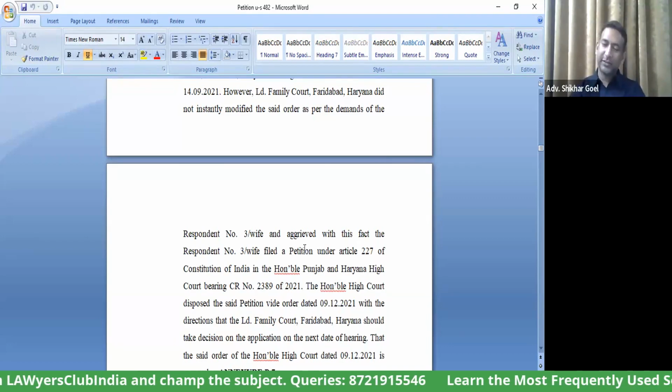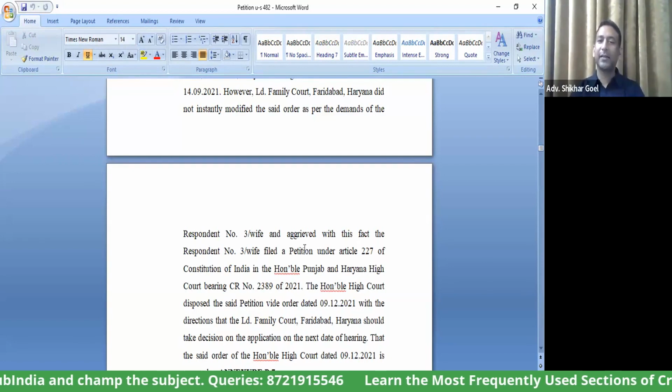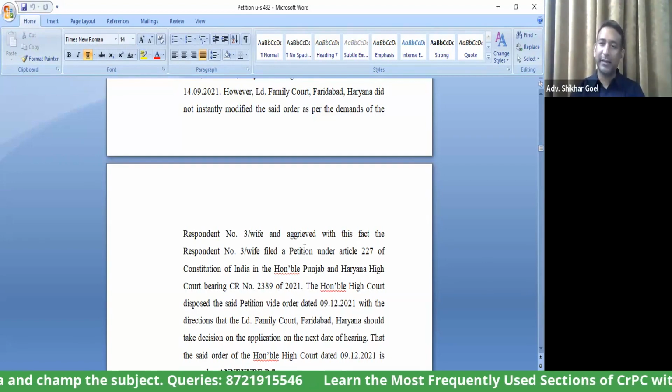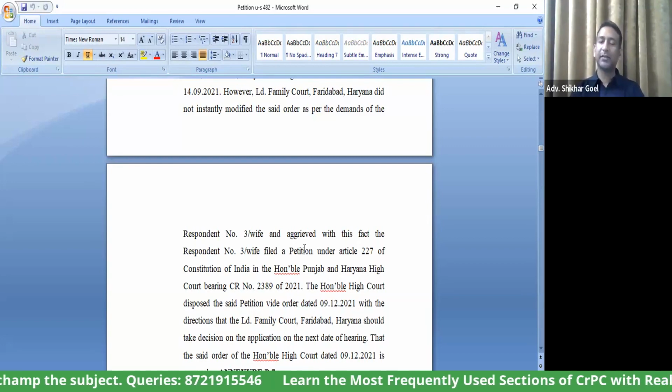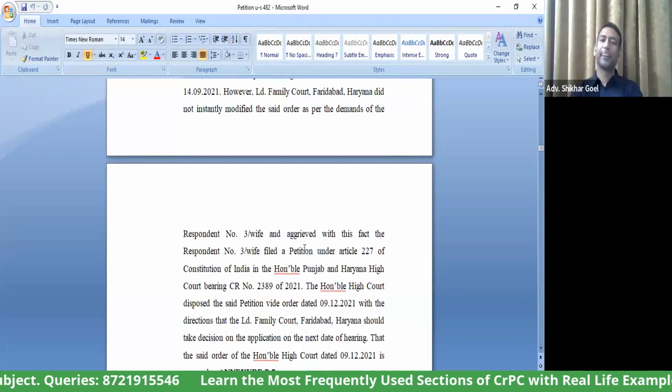Now notice is issued, and the counsel appears for the father and the counsel says, how in the world did she get the CCTV footage from police when there is no FIR? Now they get panic.